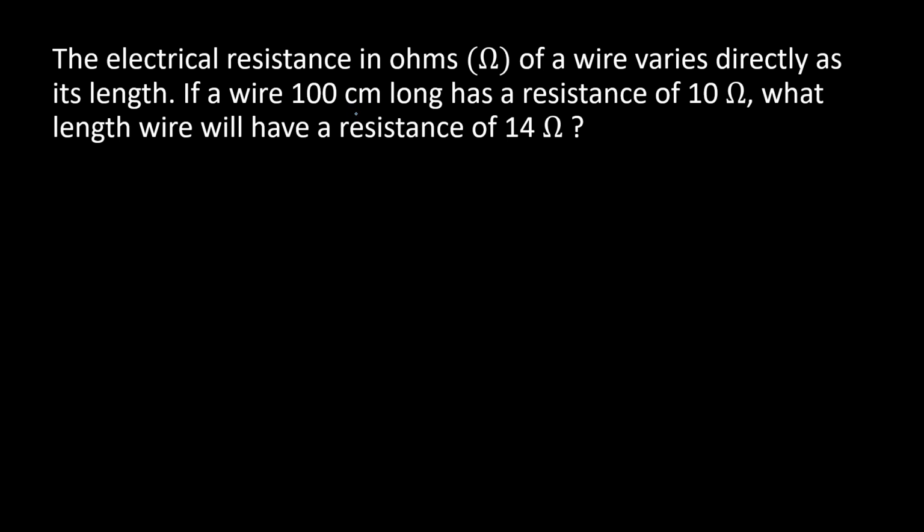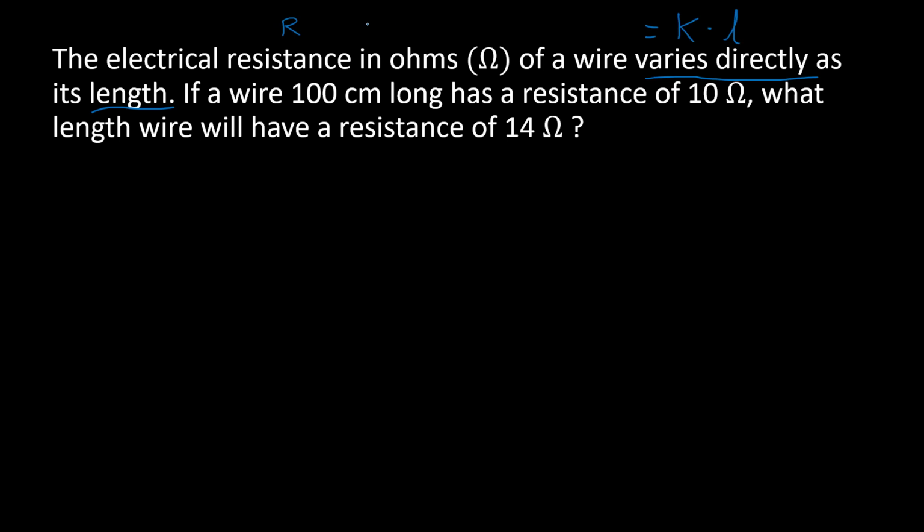Instead of variables, we're given other information, but we can use variables to represent these actual words. So resistance in ohms, we can let R be resistance, and it says varies directly. So right here, varies directly means equals k times something, and it says varies directly as the length. So it'd be R equals k times L.